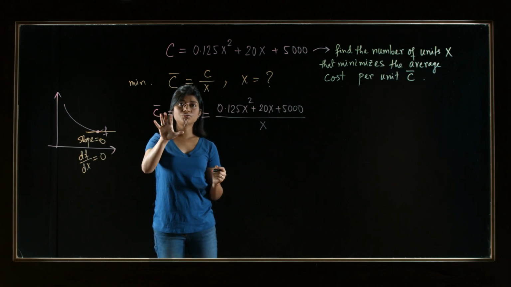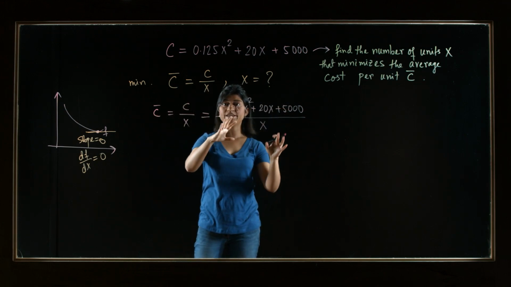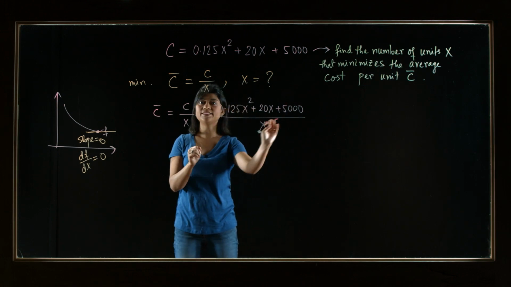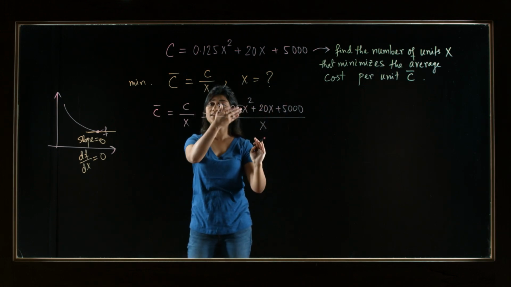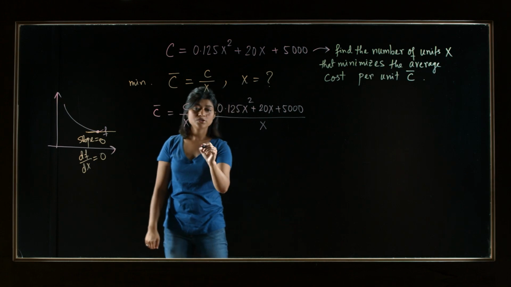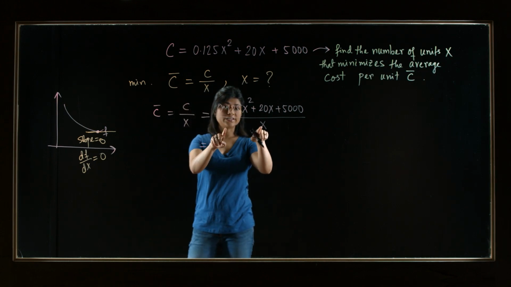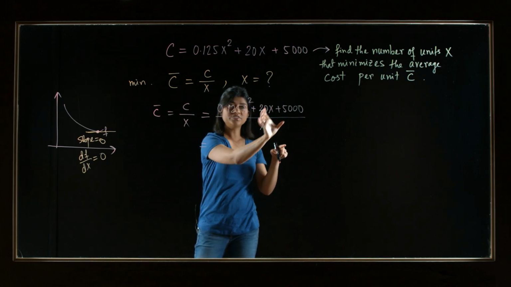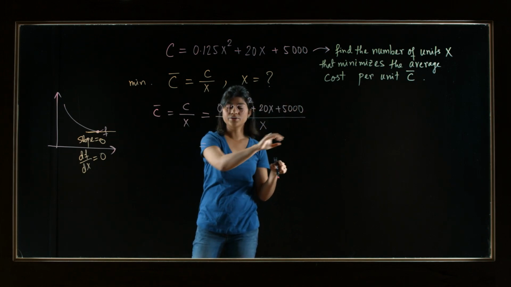Now we can take the derivative directly from here by using the quotient rule, or we can simplify this expression first and then compute the derivative. So let's try that. We are going to divide everything by x, and we can divide each of these terms by x separately.